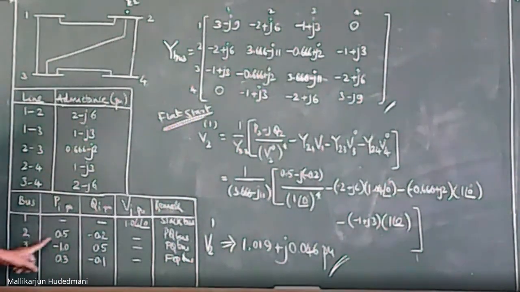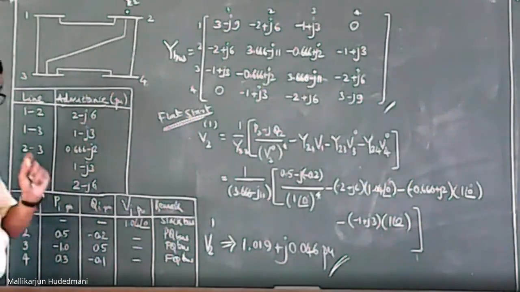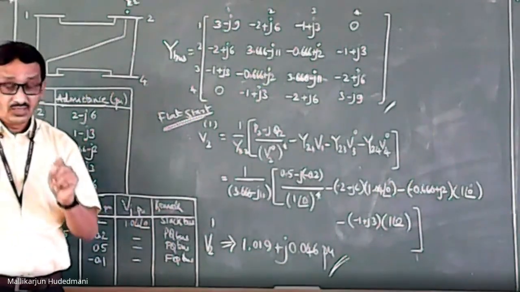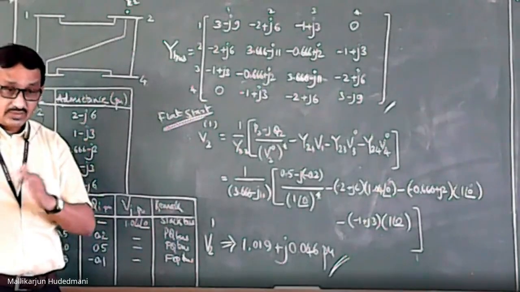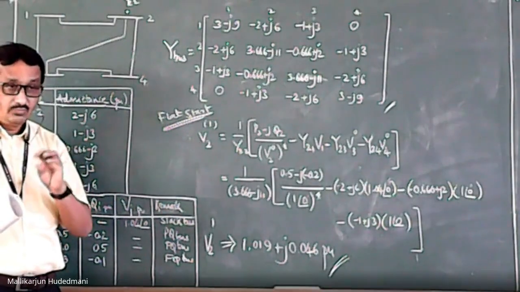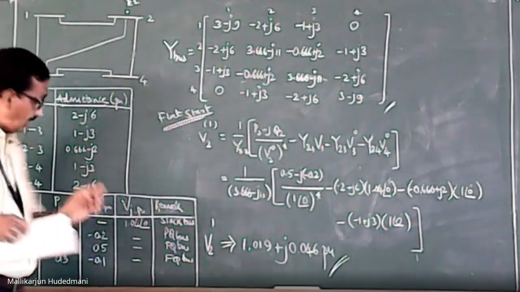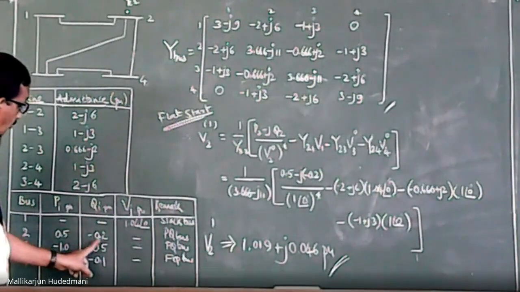For bus number 2, when I come to the PI column, bus 2 has 0.5 PU active power. PI is called the net power. There could be a generation and there could be a demand. Generation minus demand is nothing but the active power, PG minus PD. Likewise, for the QI value, it is 0.2.